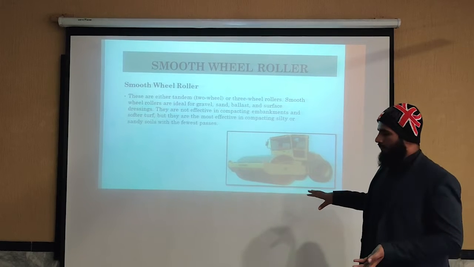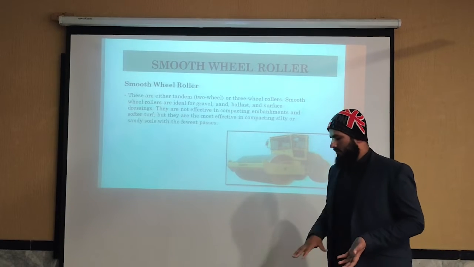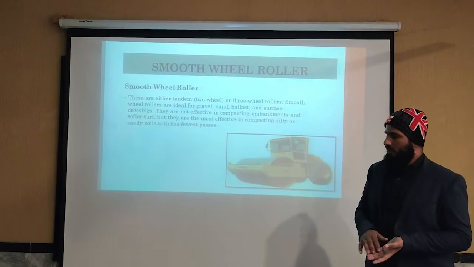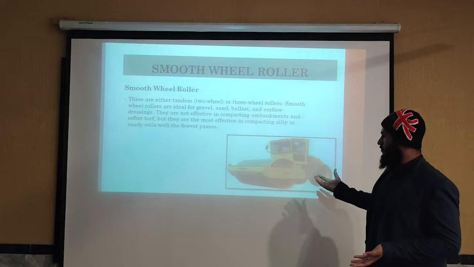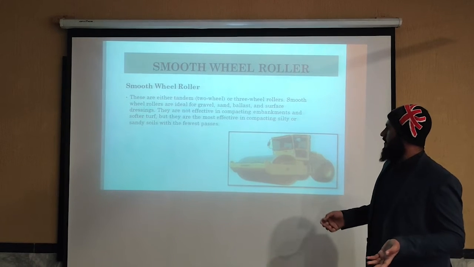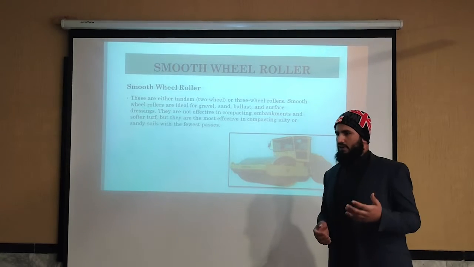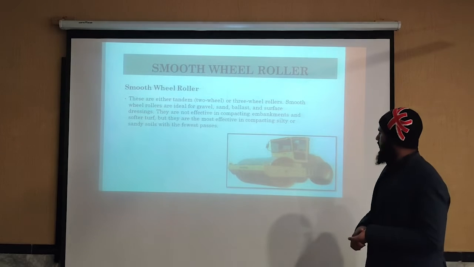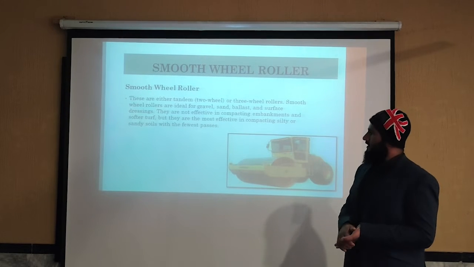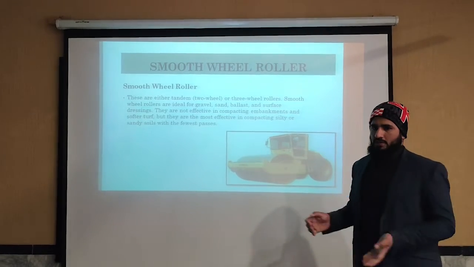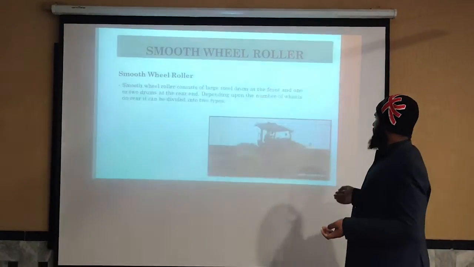For the subgrade and natural surface of the soil, we can easily compact with the help of a smooth wheel roller. They are not effective in compacting embankments and softer turf, but they are most effective in compacting silty soils, with the previous process which I explained before.